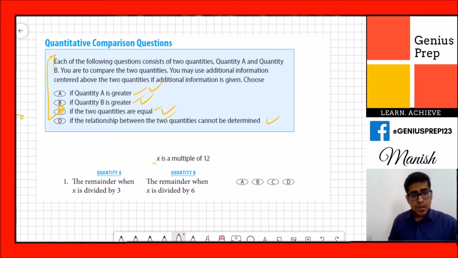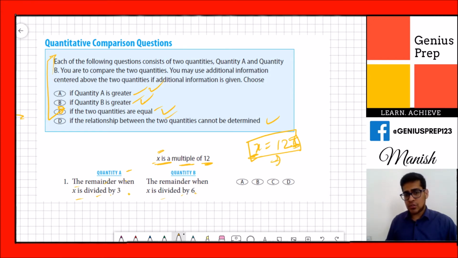It says x is a multiple of 12. Quantity A is the remainder when x is divided by 3, and quantity B is the remainder when x is divided by 6. So x is a multiple of 12, which means x is 12i.